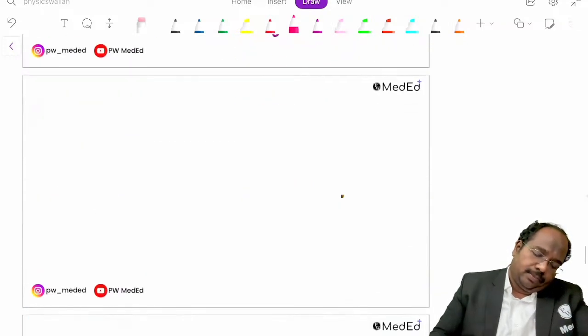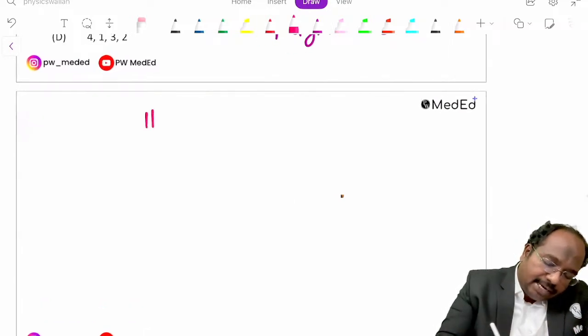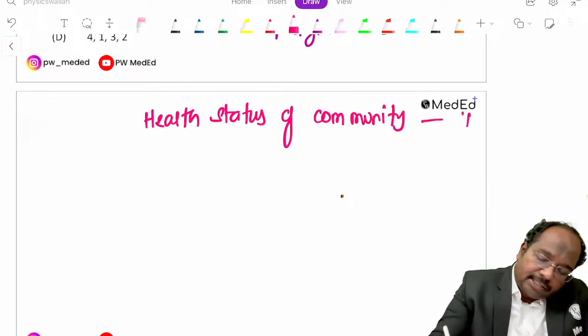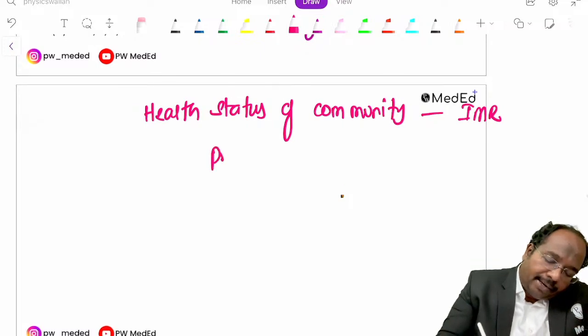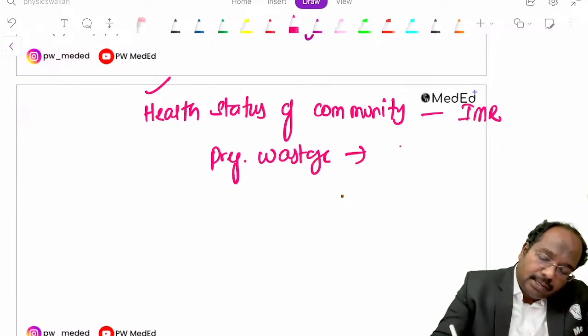Next, some additional points here. Which indicator gives the health status of the community? Infant mortality rate, and pregnancy wastage. This was this year's NEET question. Pregnancy wastage is the perinatal mortality rate.